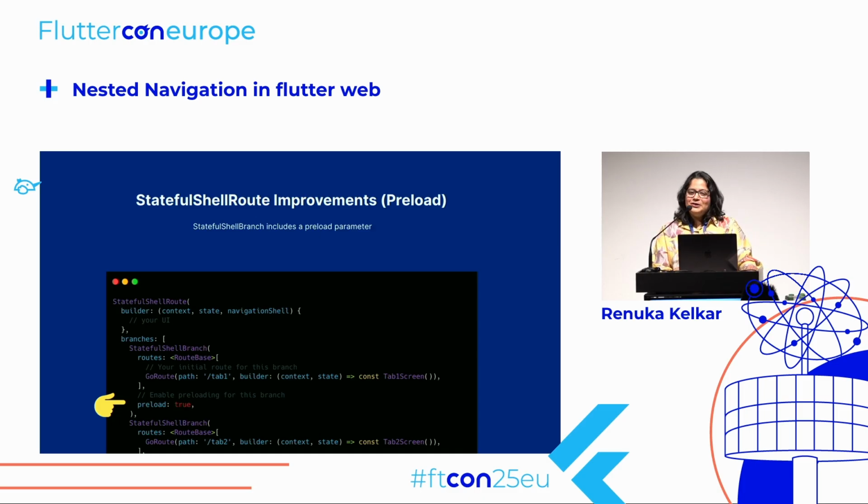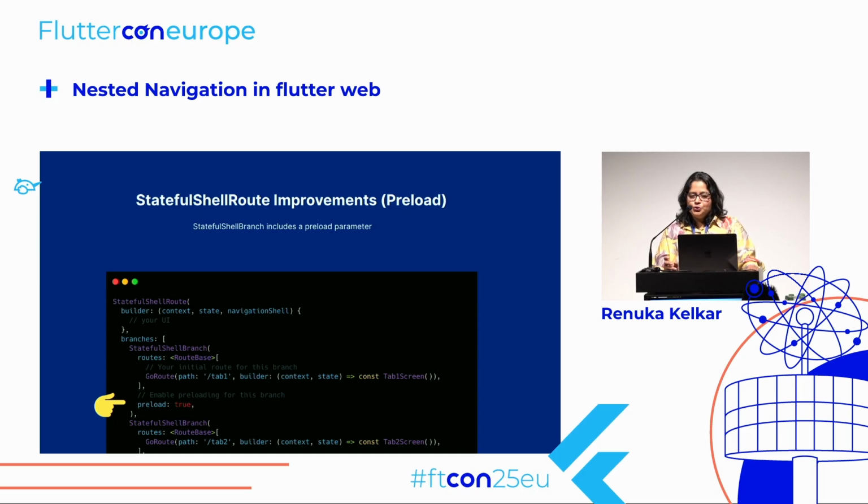For the stateful shell route improvement, they have added the preload property for the stateful shell branch. When you go from one branch to another branch, sometimes it does not give a smooth transition. So they have given this preload as a parameter where you can say true or false.